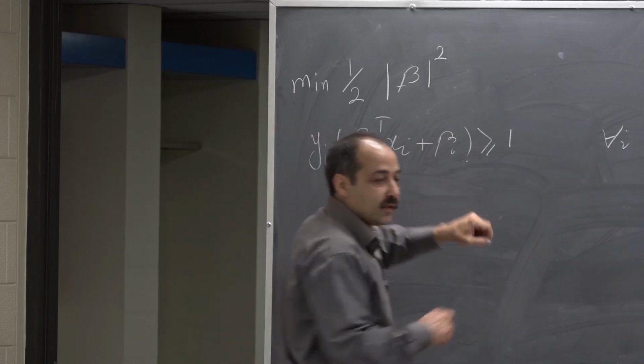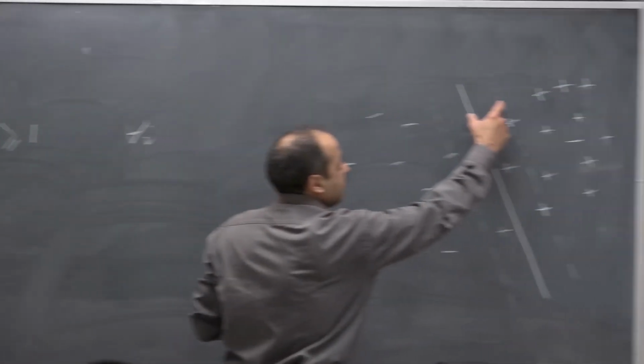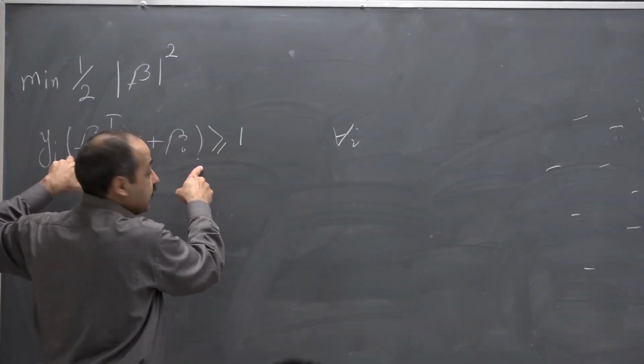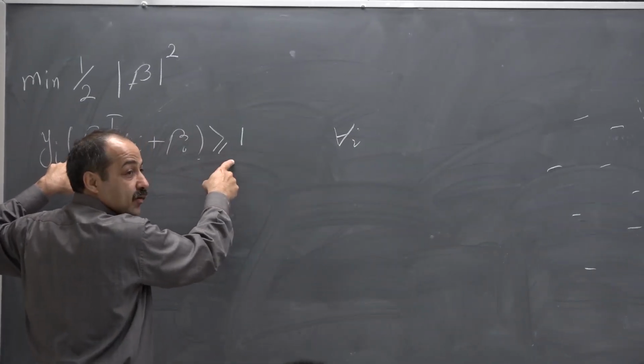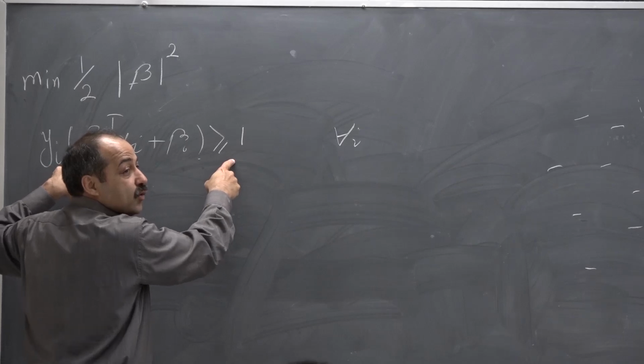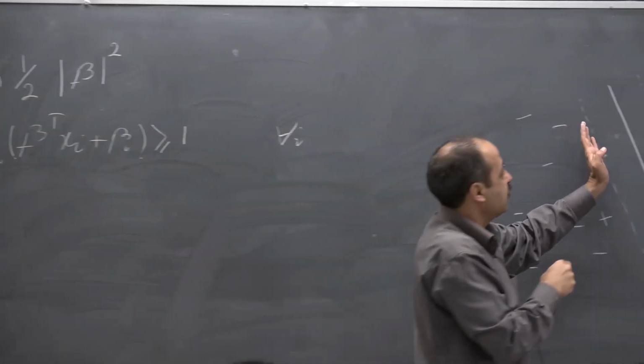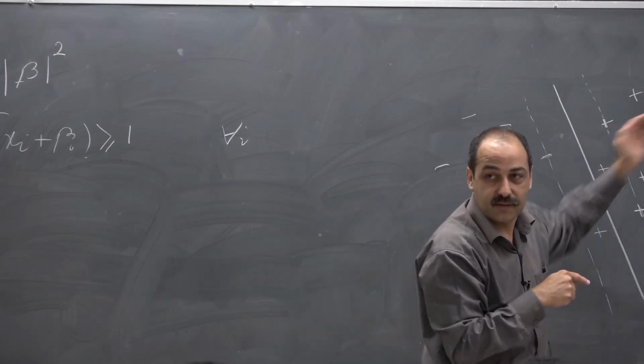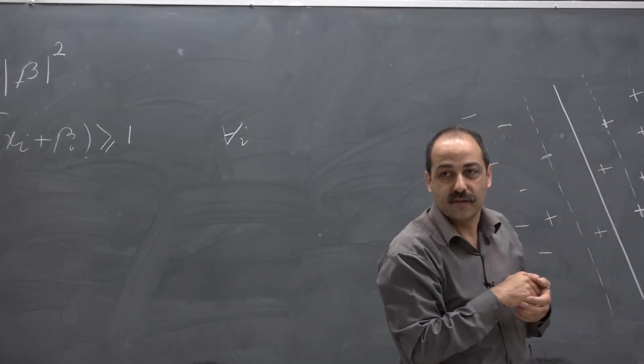We rescale the space such that the margin is 1, and the distance of each point from the decision boundary is always greater than or equal to 1. It's on the margin or over the margin. Nothing is inside. Nothing is less than 1.